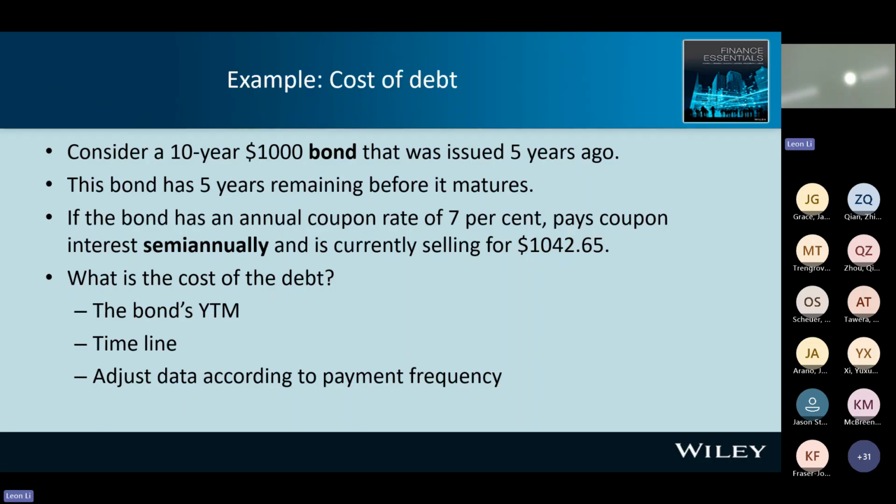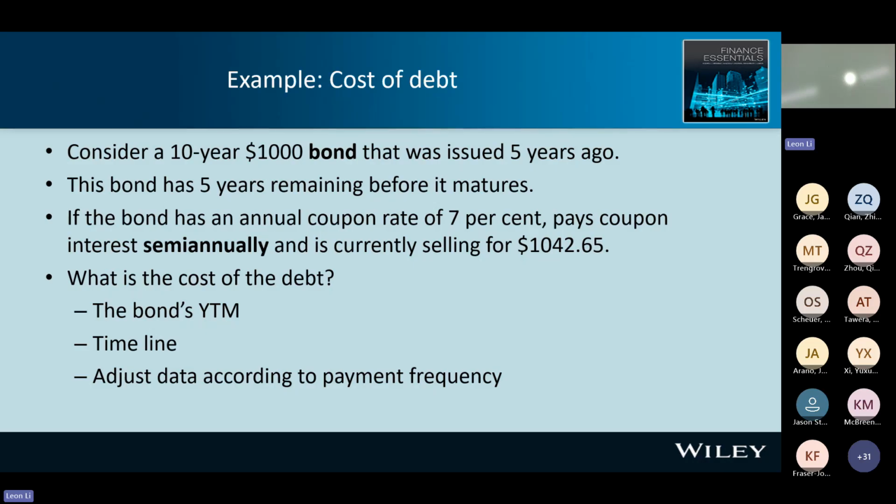Our example is a 10-year bond, face value 1,000, that was issued 5 years ago. Right? That means a 10-year bond issued 5 years ago, so time to maturity is 5 years. The bond has 5 years remaining before it matures.